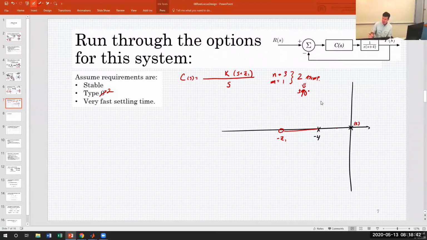So the center of mass is the average of the pole locations, so 0 and minus 4, and then the zero location, so minus z1. Divide that by 2. So what does this look like? This looks like z1 minus 4 over 2.